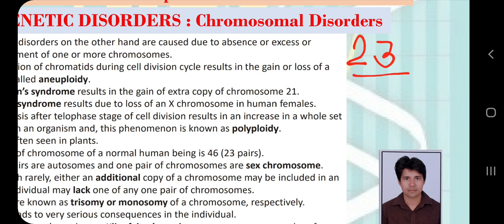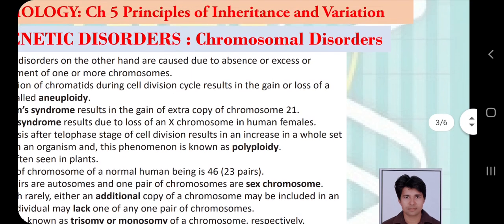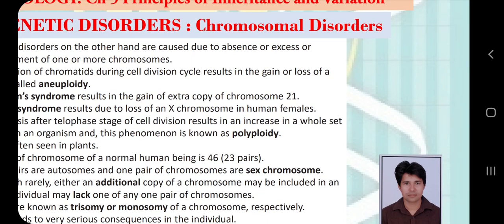If we have one extra copy of any chromosome, let's say in this example of Down syndrome, we have one extra copy of chromosome number 21. So chromosome number 21 were 2 in number, 1 plus 1, in the normal condition.